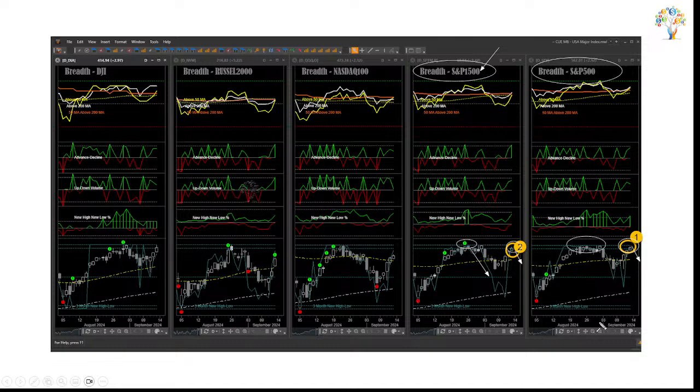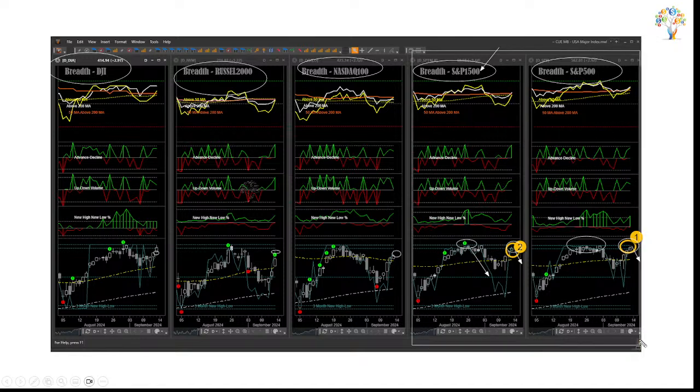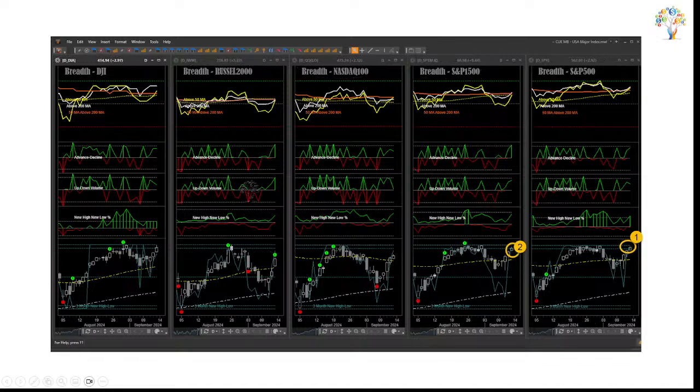I'm expecting a pullback. Nasdaq 100, Russell 2000, Dow Jones Industrials are very close to being extremely overbought, so much that a pullback will be likely. If it goes up for 1 day or maybe 2 days, it will hit extreme overbought level for all the major indexes. Two of them are already extremely overbought. That is a reason to be very cautious about buying.